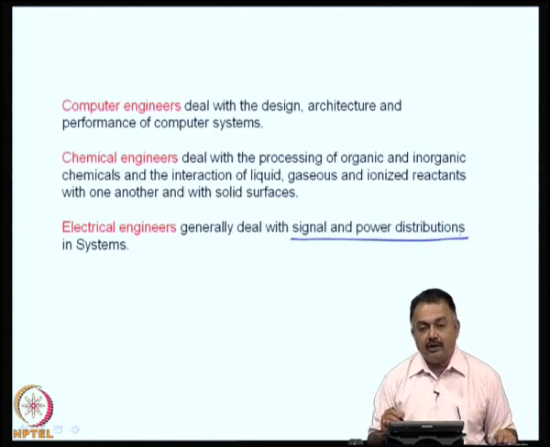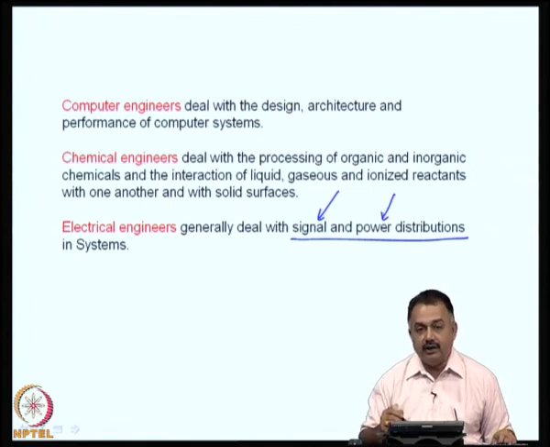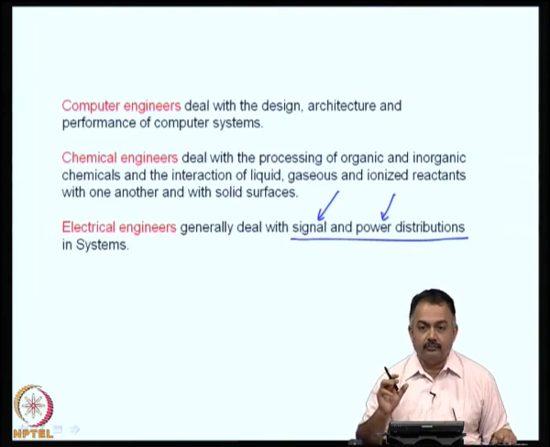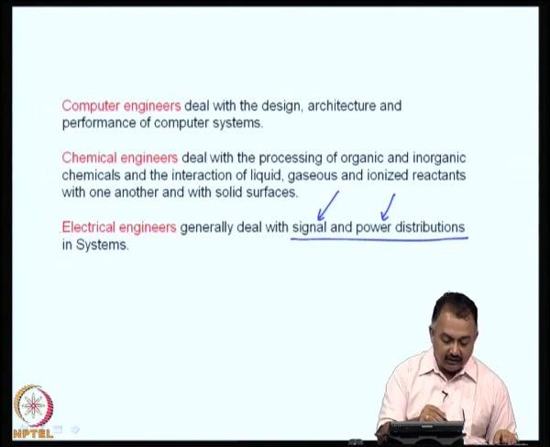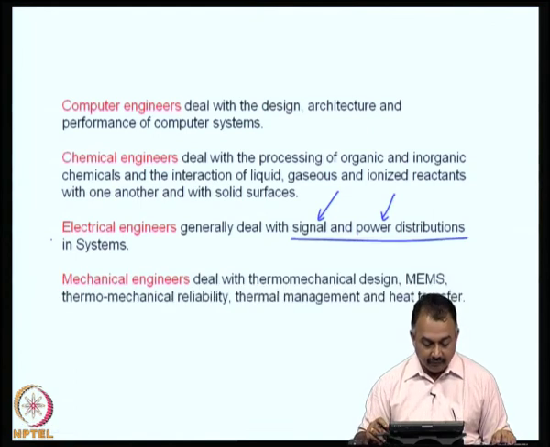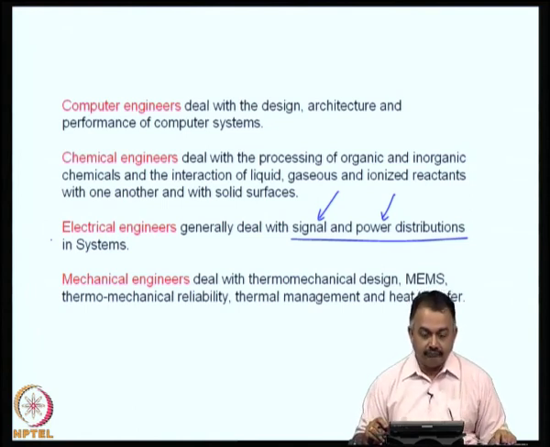When we looked at the definition of packaging, I emphasized signal distribution and power distribution efficiently in a package, in a system. And for that, these electrical engineers should work with materials engineers to get a very good, reliable system. Mechanical engineers contributing to packaging can work with thermomechanical design.